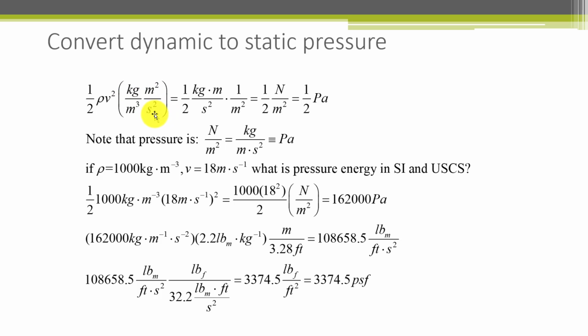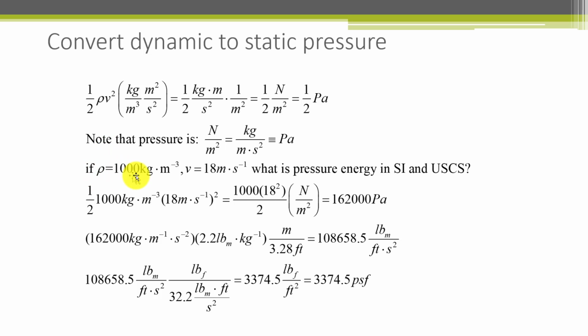If you simplify the units, we end up with kilogram meter per second squared. That's a Newton, and then divided by meters squared. So we have newtons per square meter or pascals. Note that when you do these conversions, you want to carry along any constant so that you don't forget about them later.